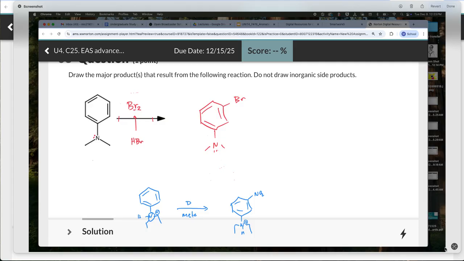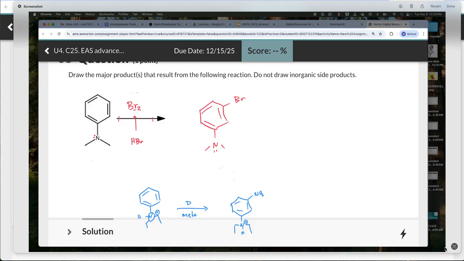Okay, so this is a real challenging one to nuance and deal with. The bromide is being dealt with, and in an acidic environment would turn into H3O plus.